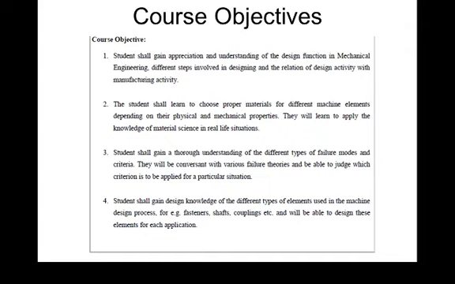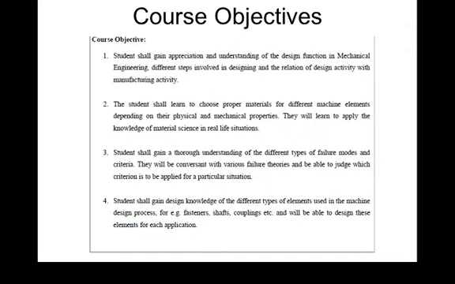Now which are those properties? Some are physical properties and some are mechanical properties. Therefore, choosing the appropriate material in the system is the most important aspect. Then the next one: students shall gain thorough understanding of different types of failure modes and criteria.